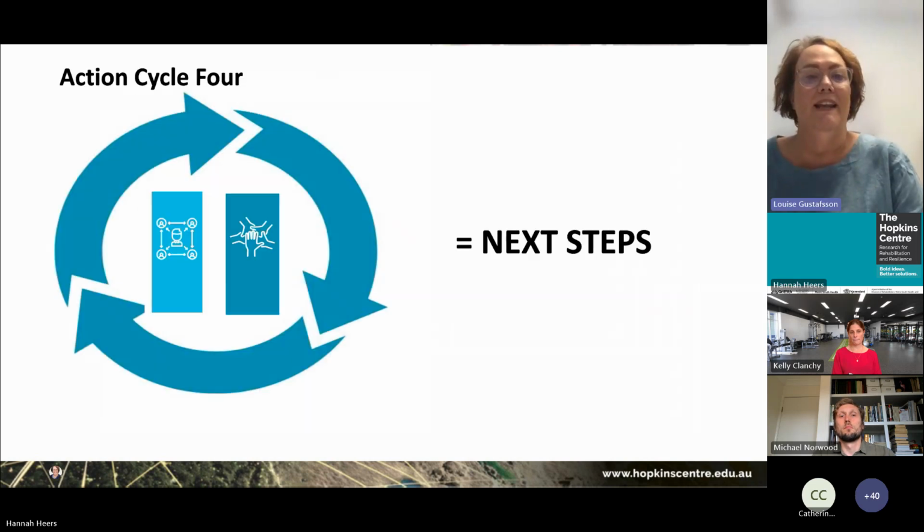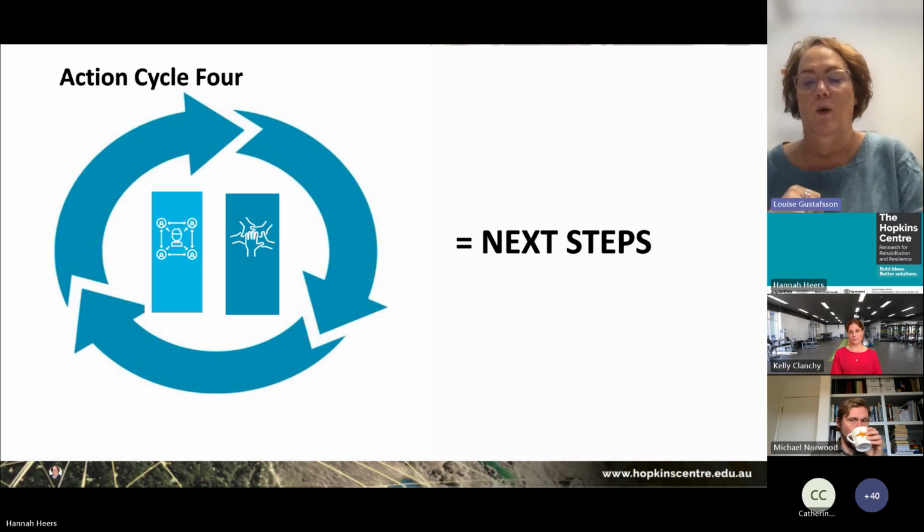Moving on from that, the next steps in action cycle 4, we took that priority list and met specifically with our AT users, so the end users, one-on-one or together with them to say, okay, these were the final outcomes. What are our next steps? Because there were 10 that were generated, there were a lot. This is the priority. What could this look like? What could we do next to make this work?